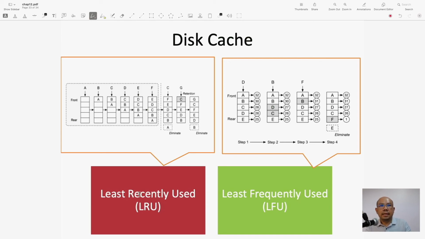In the least recently used, this is a sequence, this is the memory, and here this is time. At the start the memory is empty.